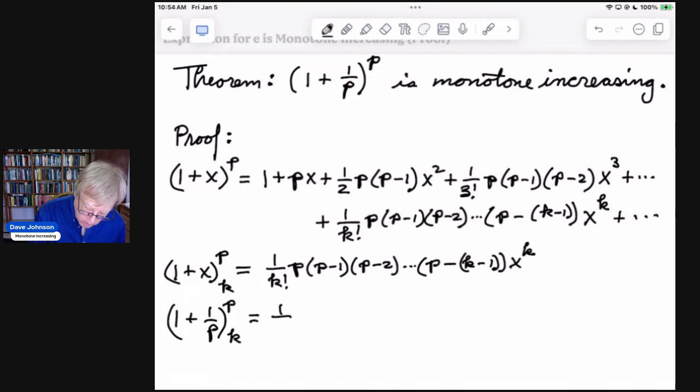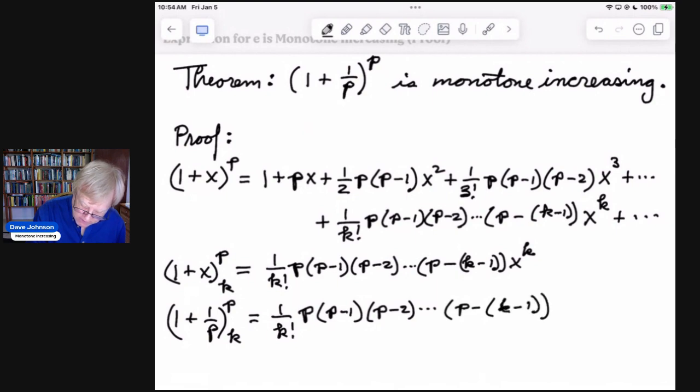So this is equal to 1 over k factorial times p minus 1. I know it's a lot of writing. When you get into higher mathematics, you get used to this kind of stuff. p minus k minus 1. And then x gets replaced with 1 over p. So this is 1 over p raised to the kth power.